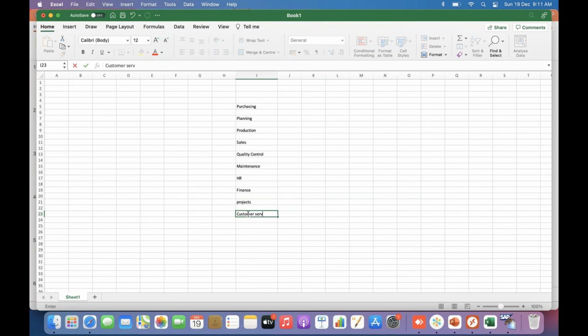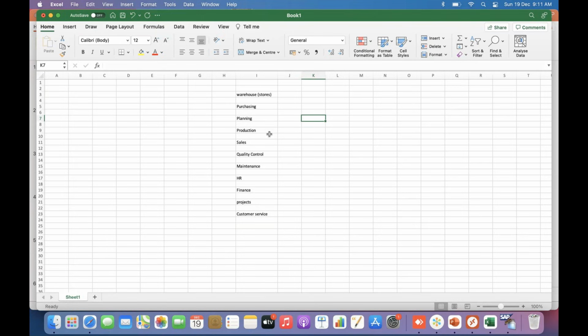Then of course warehouse. You have a warehouse, simply call it as stores. Somebody yesterday was saying stores. You have these departments. So we covered almost everything: planning, production, sales, maintenance, HR, customer service.